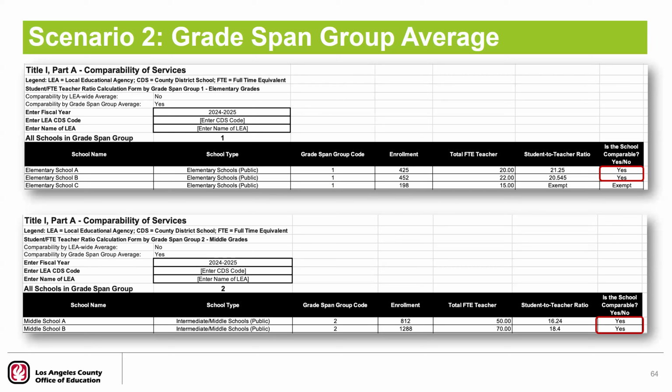And so you can see that by using the grade span group average calculation, middle school A is now comparable. And so in this example, it worked out for middle school A using the grade span group option. However, if after trying both options, a school is still not comparable, then that's when the LEA would need to make adjustments in order to meet comparability requirements.